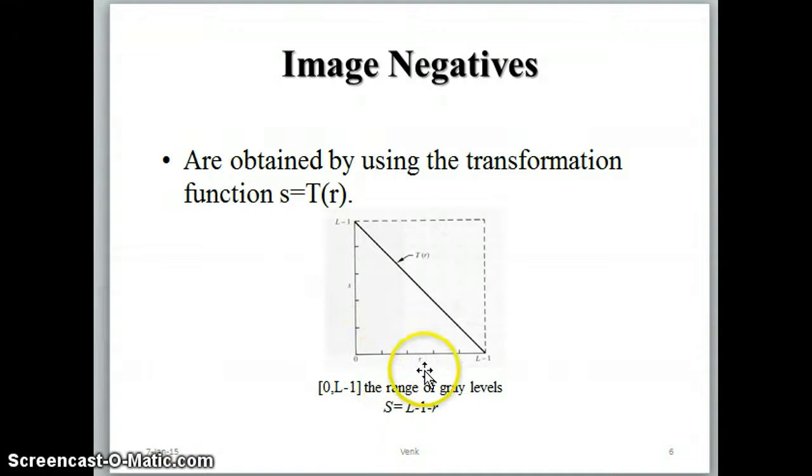The original pixel information we will be plotting on the x-axis, and the result value on the y-axis. When the original image is 0, I will be considering it as 255, and when it is 255, it will be considered as 0.